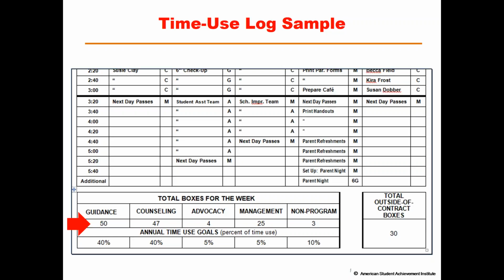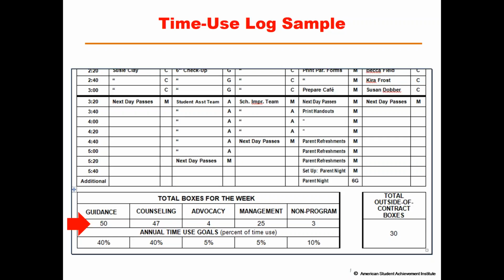And then my goals are down at the bottom. Right now you don't have goals that your council has defined, but you can write in your personal goals there and compare how you are doing this week compared to your goals.